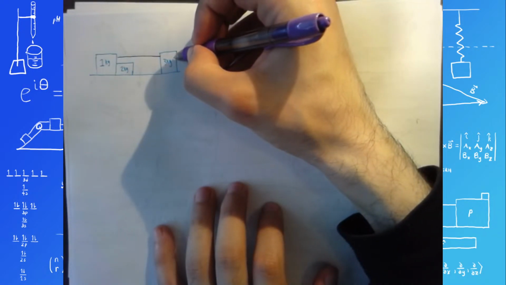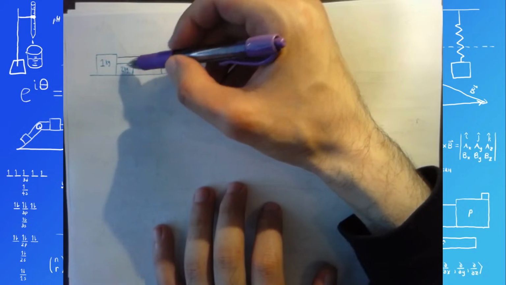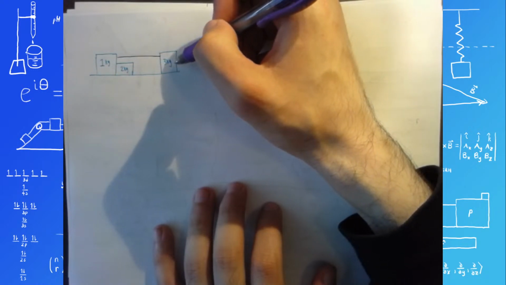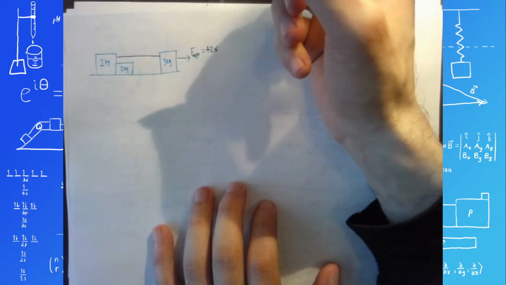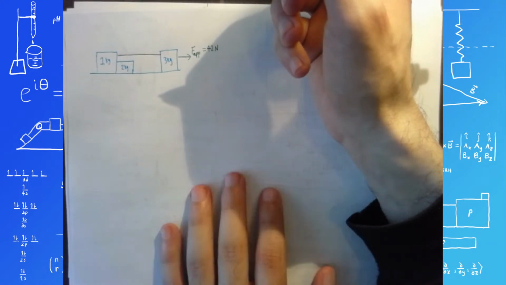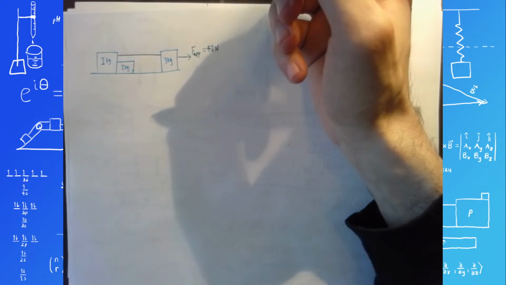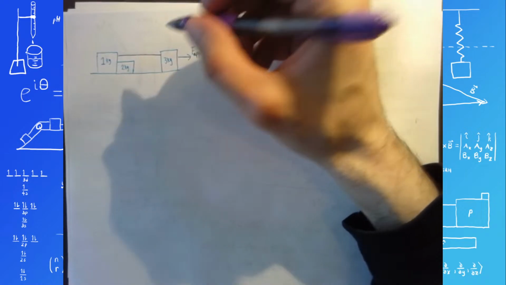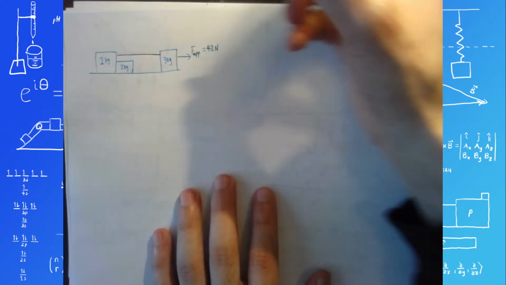So whatever velocity the 3 kilogram block has, these 2 blocks move with the same velocity, and if this 3 kilogram block speeds up, then these 2 blocks will also speed up right behind it. So the system starts with the same velocity, which I guess we can assume is from rest, although it's not going to matter even if it's not from rest, and they have, most importantly, the same acceleration.